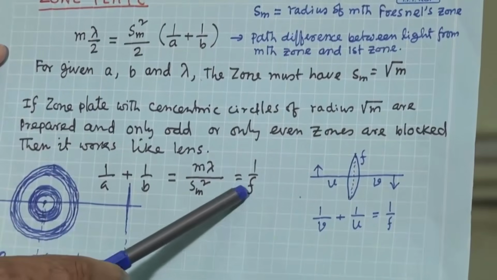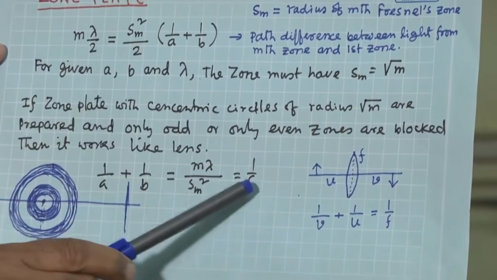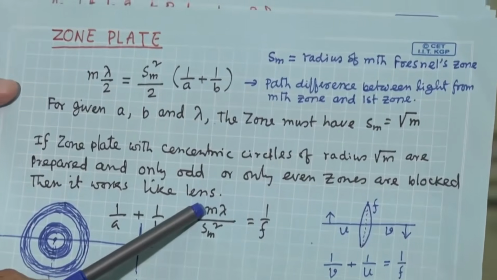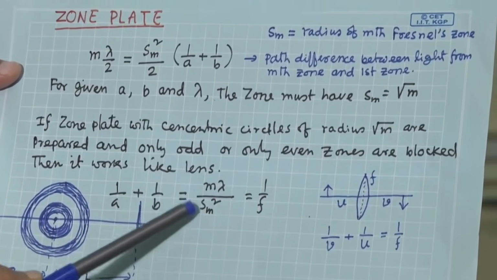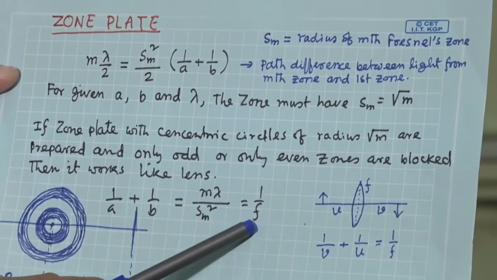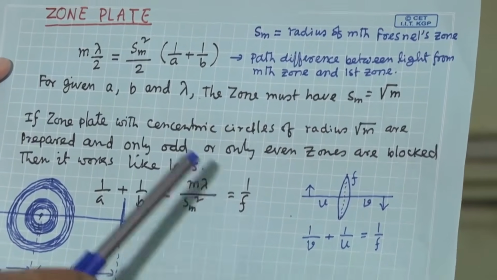So here you can see, for a particular wavelength, the focal length f will depend on the order m. For different m you will get different focal lengths.